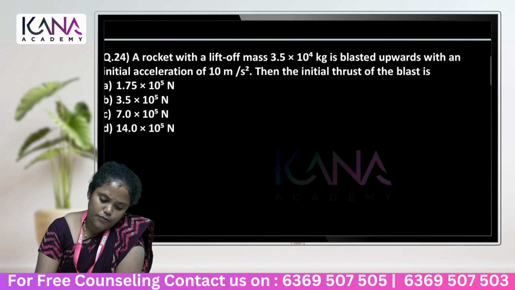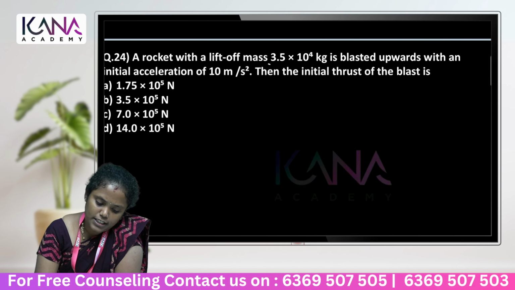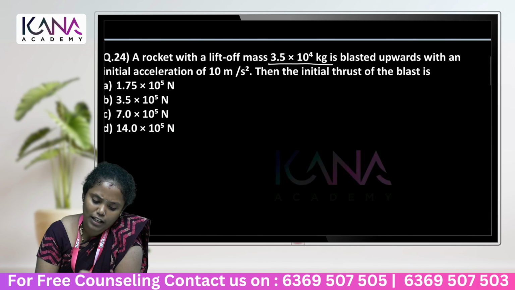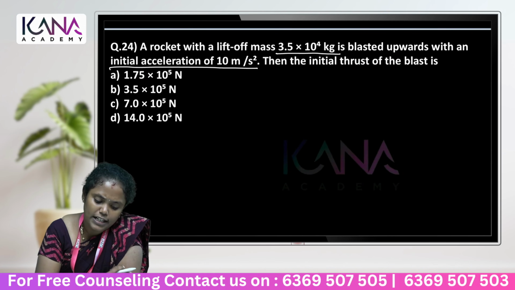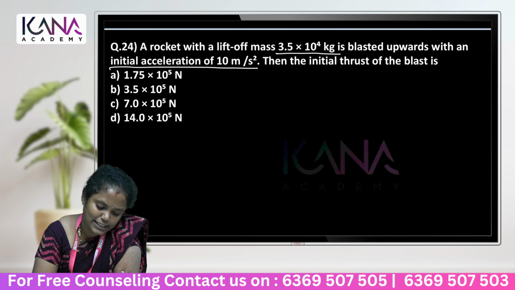Then a rocket with a lift of mass 3.5 into 10 to the power 4 kg blasted upwards with an initial acceleration of 10 meter per second square. Then the initial thrust of the blasters.